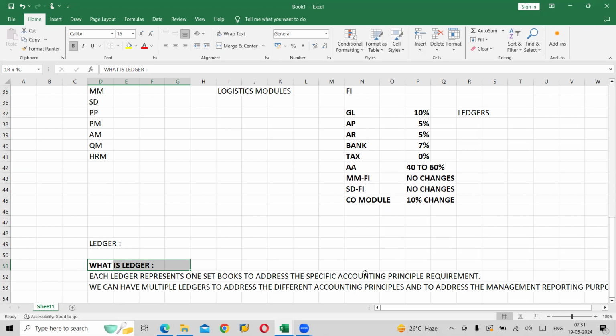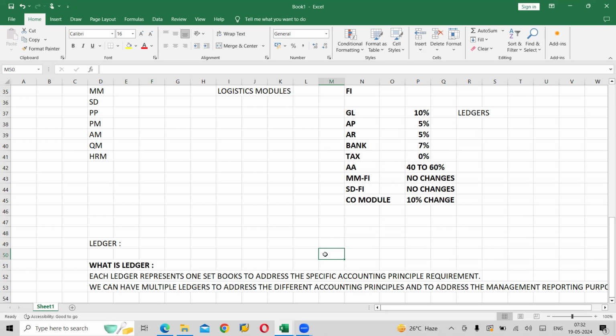As we saw in our sessions, whatever company code we have, we have prepared one set of ledger for local GAAP reporting, one for IFRS, and one for US GAAP. Those are accounting principles or legal requirements. According to their legal requirements, whatever set of books we are maintaining is nothing but a ledger.